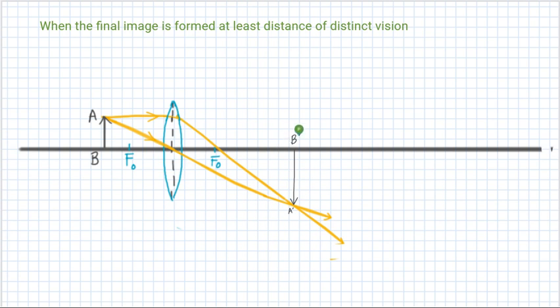So your objective forms the image of the object AB as A dash B dash. Let U naught be the object distance for your objective, and V O be the image distance for the image A dash B dash.